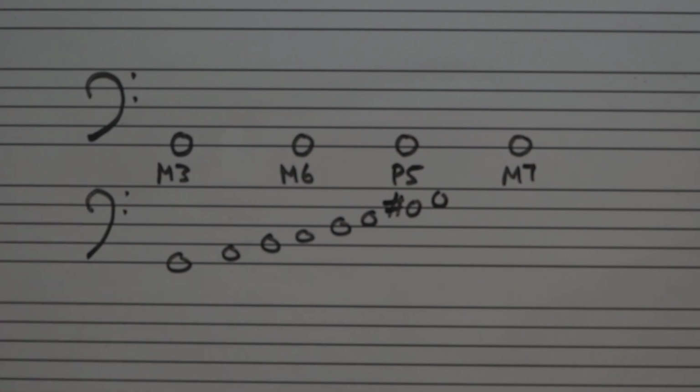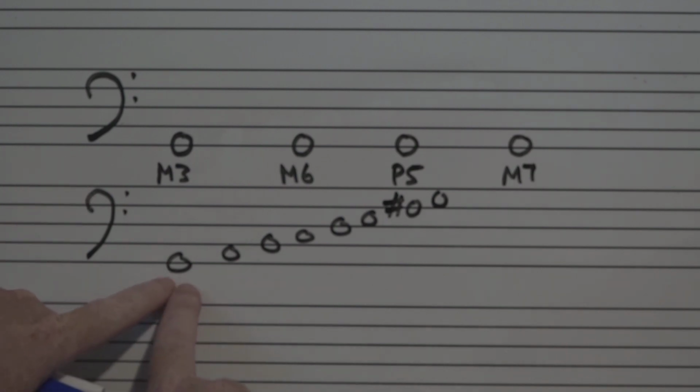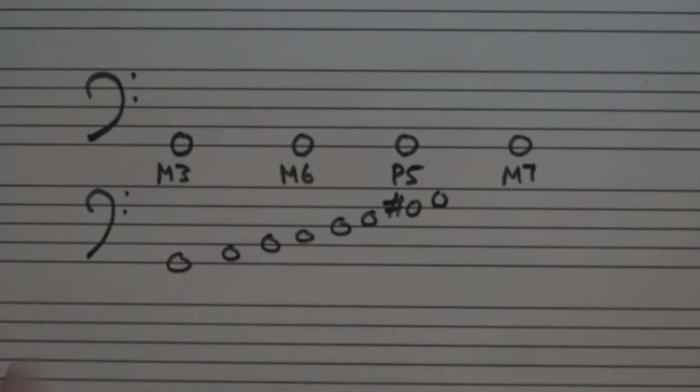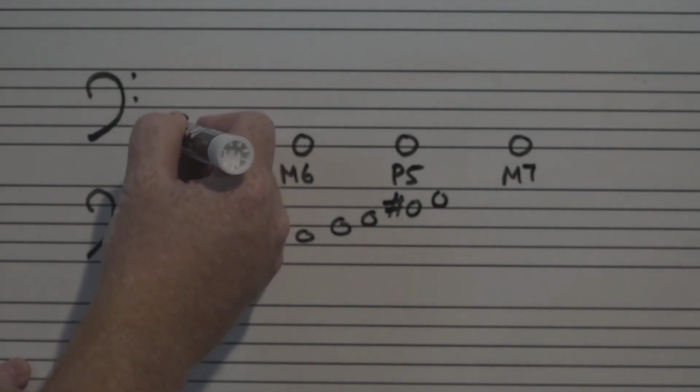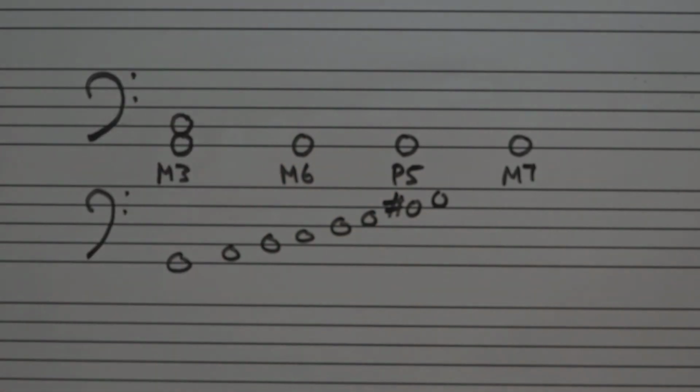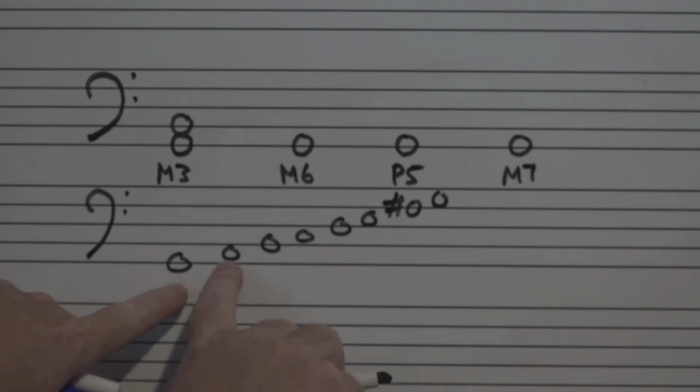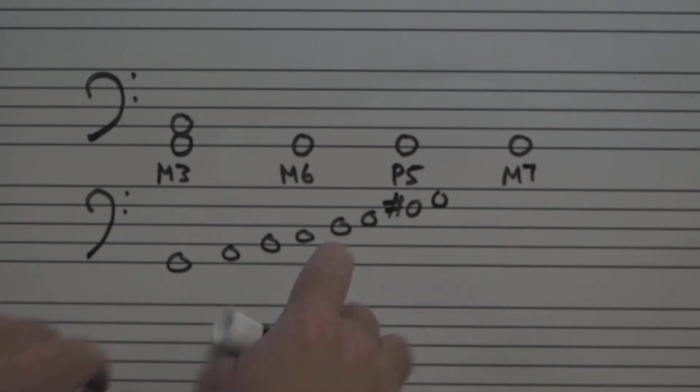So a G and a major third, where there's a unison, major second, major third, will be G to B. A G up a major sixth: unison, second, third, fourth, fifth, sixth.